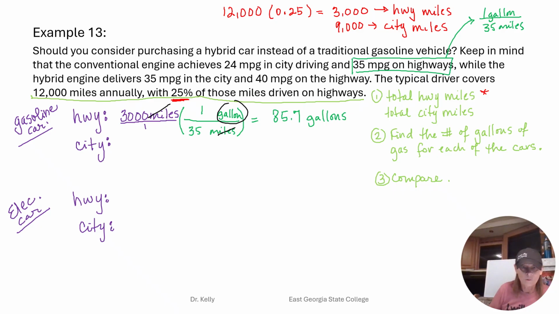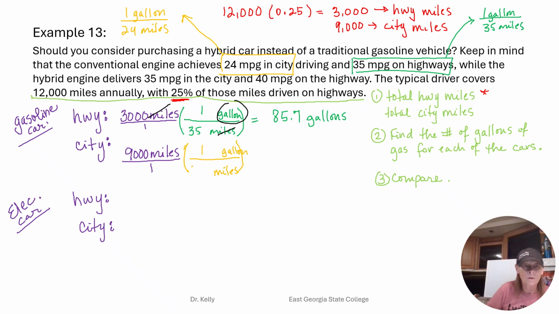All right, now we'll do the other piece here. This is going to be 9,000 miles over 1, and this time we're going to also put the miles on the bottom, but here we're working with city. The miles need to be on the bottom, so it's going to be 1 gallon to 24 miles. So we're right, miles down here, gallon here.